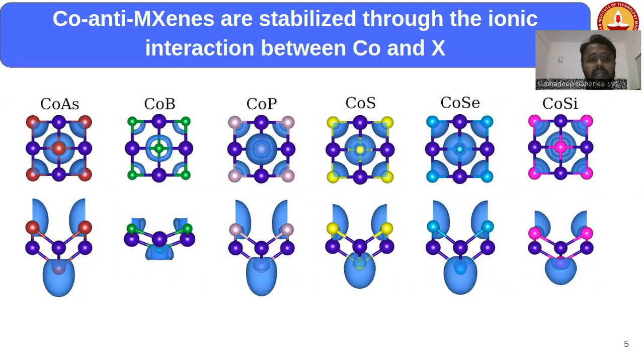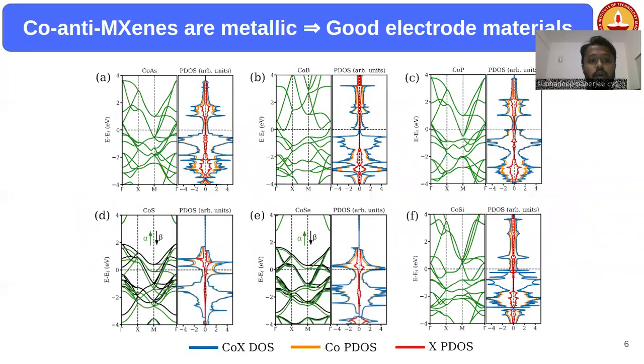To check their metallic character, we performed band structure and projected density of states calculations, and we observed that each system is metallic in nature, which is a benefit for a good electrode material.